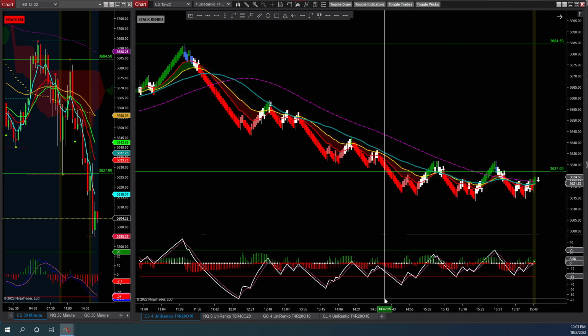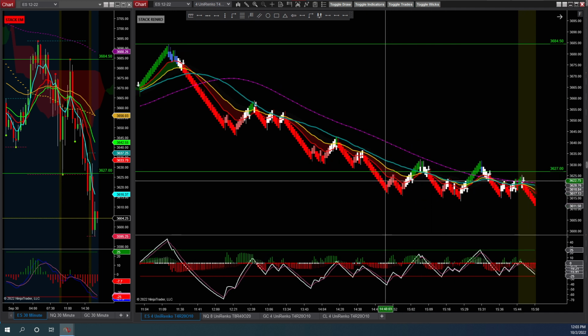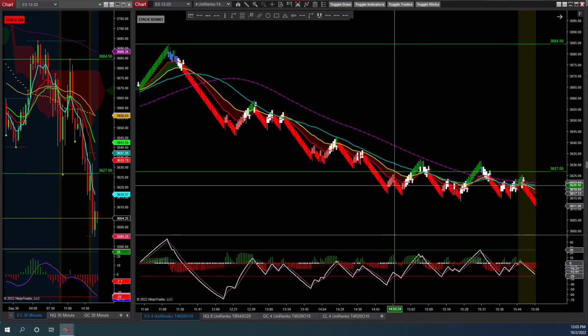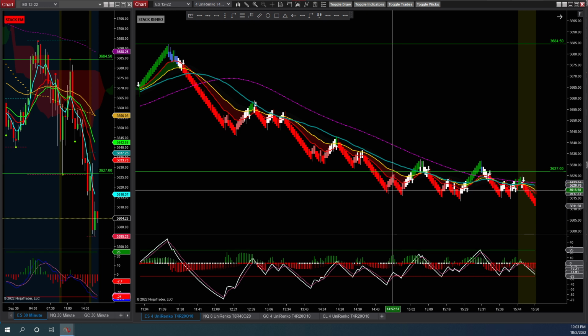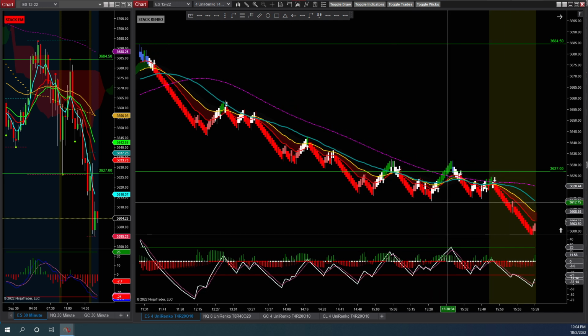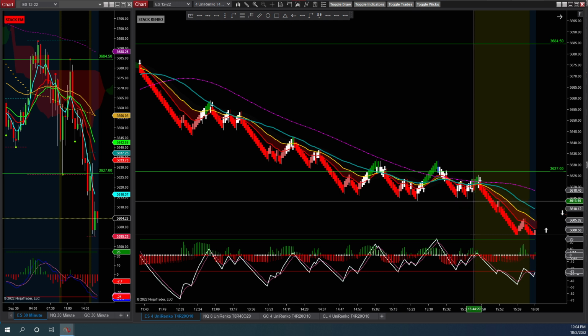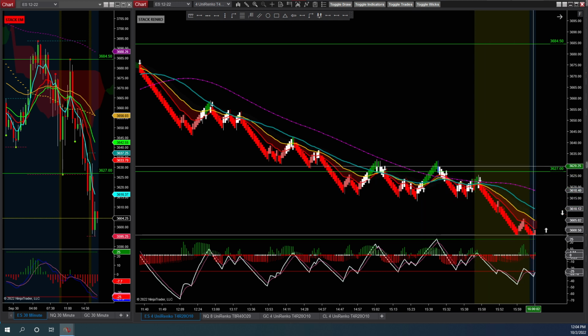Let's see, I'm going to activate the toggle trades. Oh, it was actually right here. Anyways, this one was a short, a very small scalp that I did for $100 right there. Anyways, then the market started to move inside the 15 minutes before the market opened, and I don't trade right there.